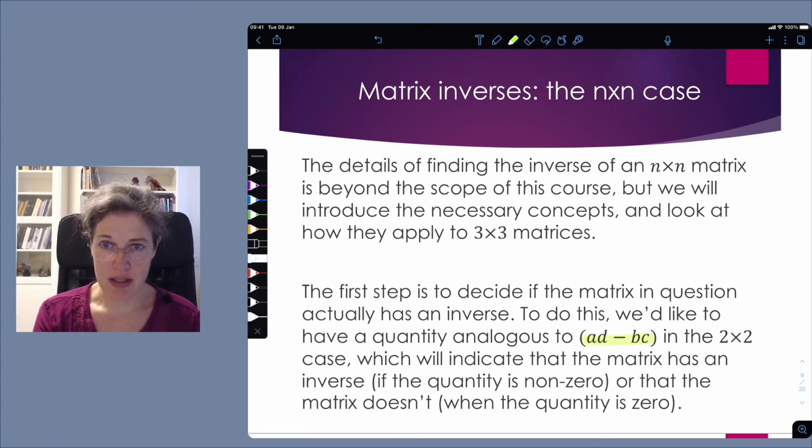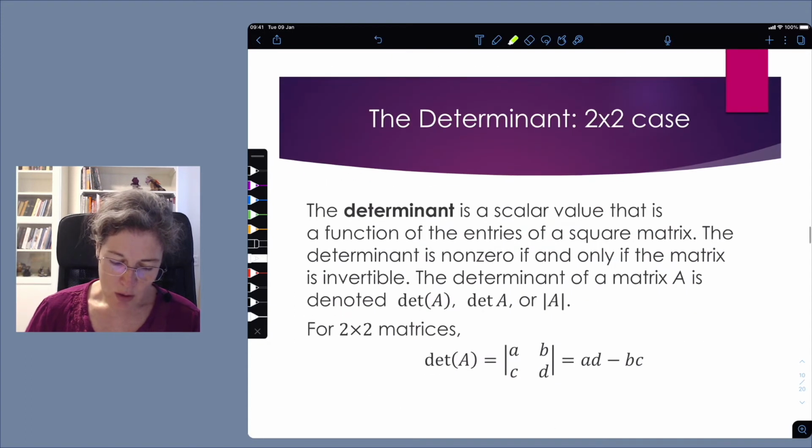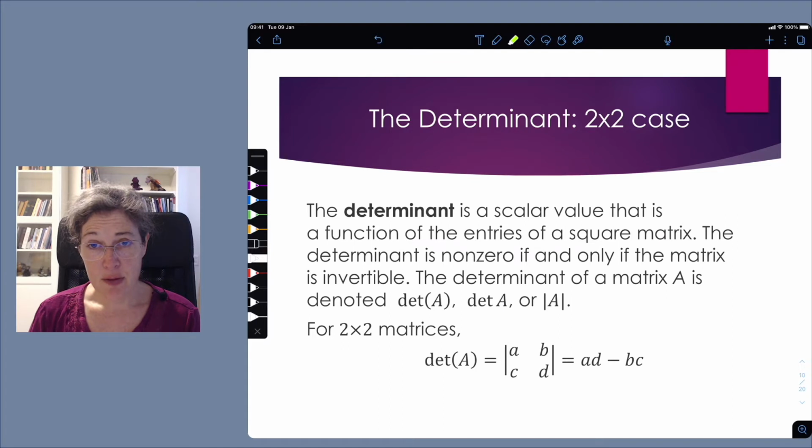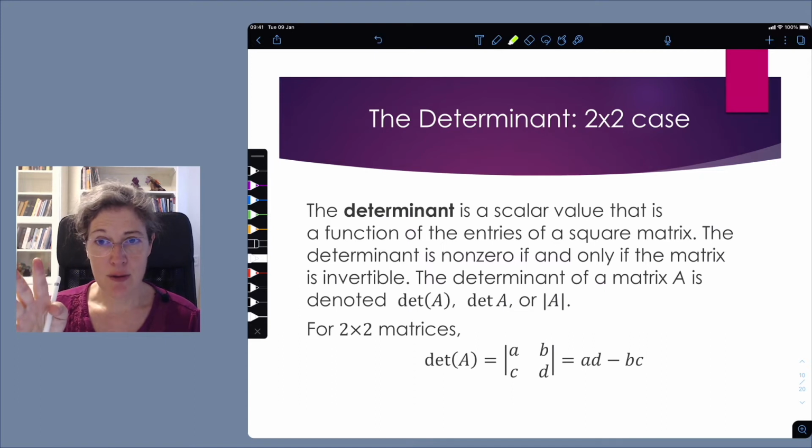No, I can't. And the quantity that we have is called the determinant. It's a number that you calculate based on the entries of a matrix. And if the determinant is non-zero, then you can find an inverse. If it's 0, you can't.